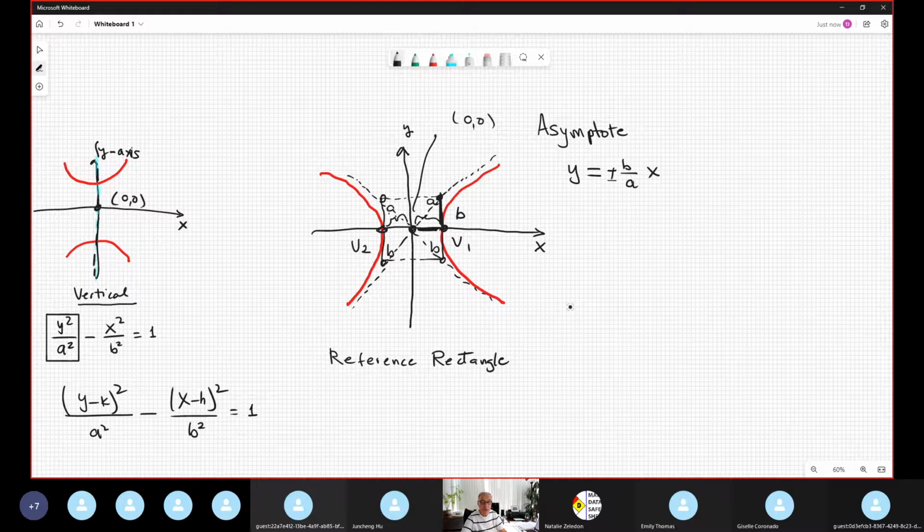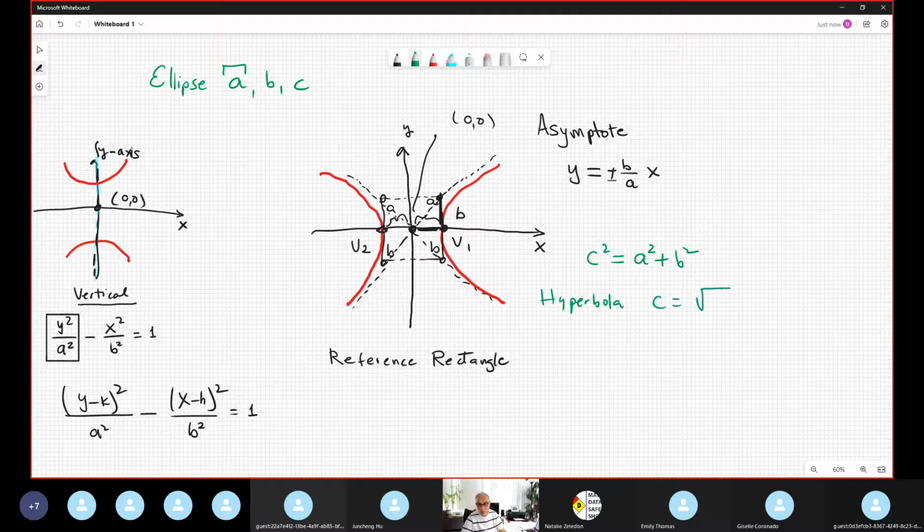That's it. Now, let me try to use the famous C. In the ellipse, you have the parameters A, B, C. In the ellipse, A is the biggest. In the hyperbola, no. In the hyperbola, the biggest is C. So C squared is equal to A squared plus B squared.